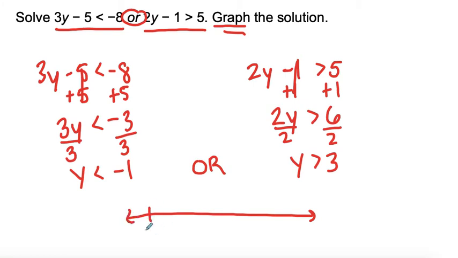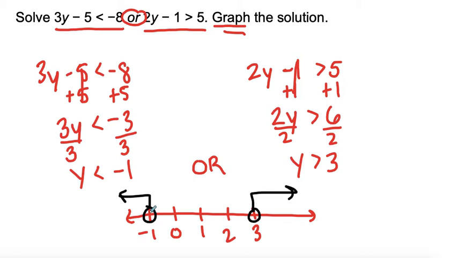And I'm going to start off with negative 1. I'm just going to count by ones: 0, 1, 2, 3. For this inequality over here, we have an open circle at negative 1. And our shading is going to be to the left because it's less than. And for this inequality over here, we have an open circle at 3. And our shading will be to the right.